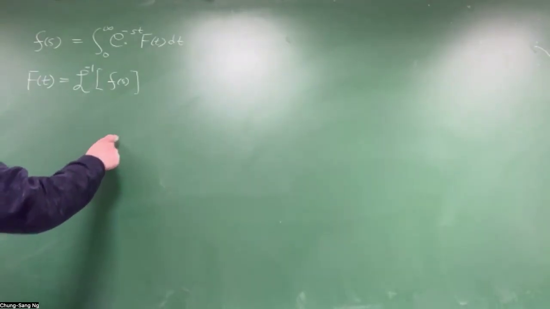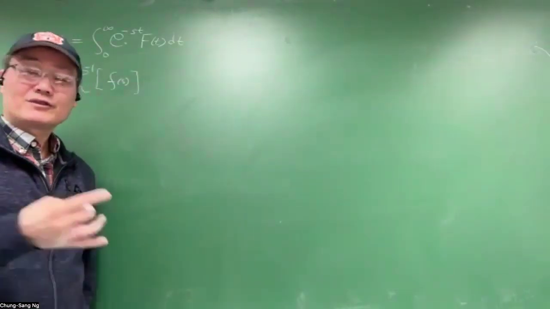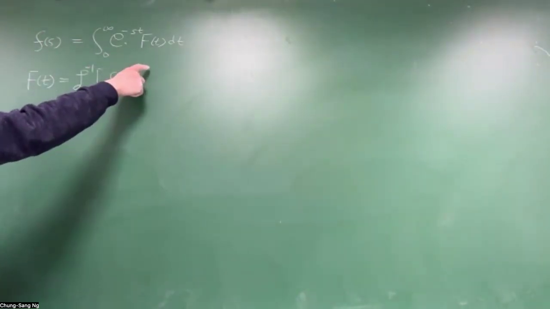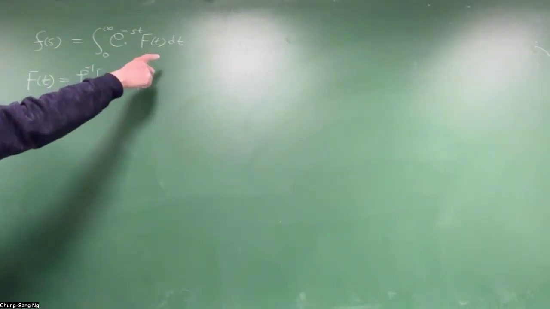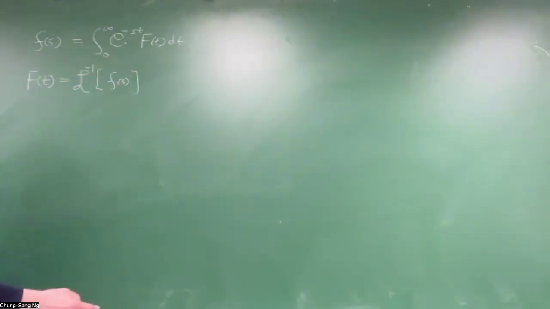The first thing we compare is that in the Fourier transform we have the inverse transform formula, which is symmetric to the transform formula. In the Laplace transform we don't apparently have that, and there are some differences. The first difference is the limit: this is 0 to infinity, while the Fourier transform is minus infinity to infinity.